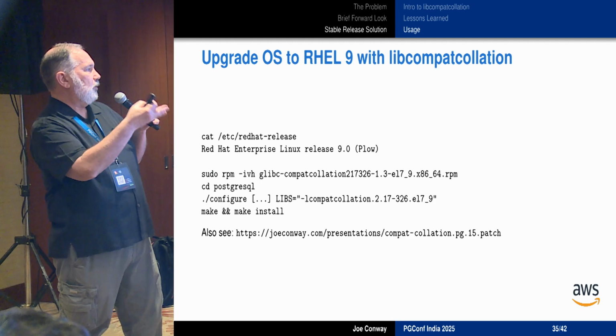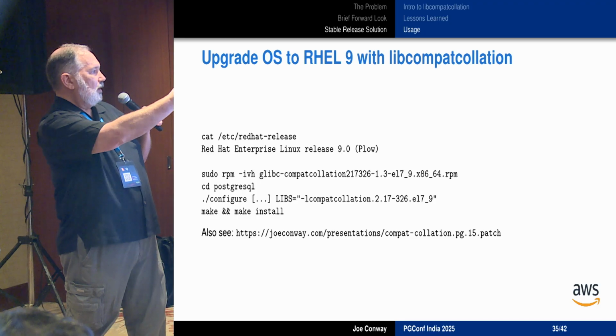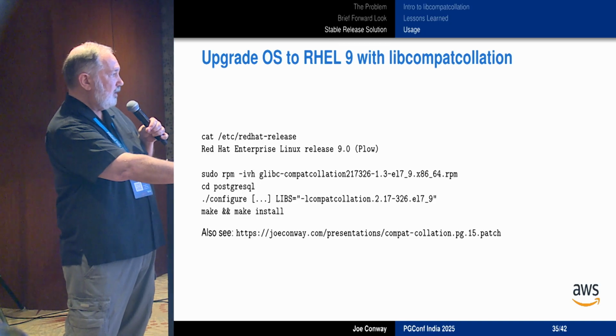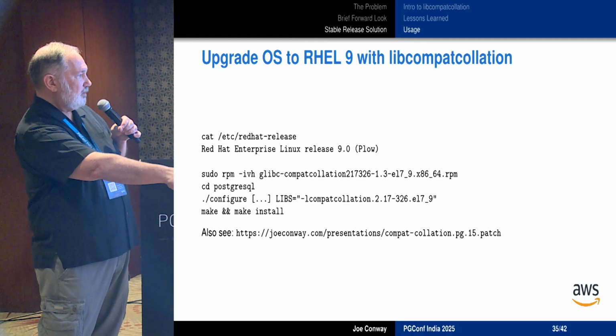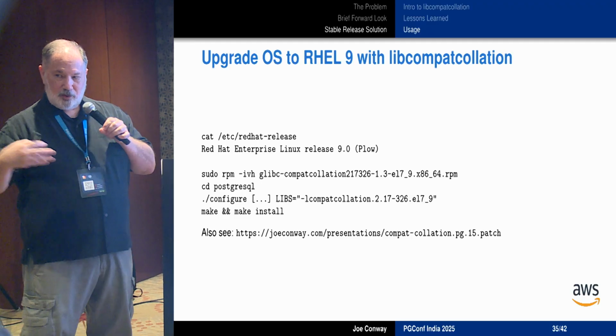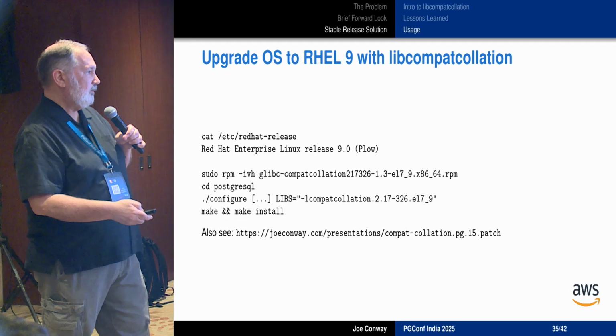Okay, so this is just what it would look like if you actually use it. You would install the RPM. If you configure Postgres, if you're building it yourself, and you add this libs string right here, and then do a make and make install, then you'll link against the compatibility library.